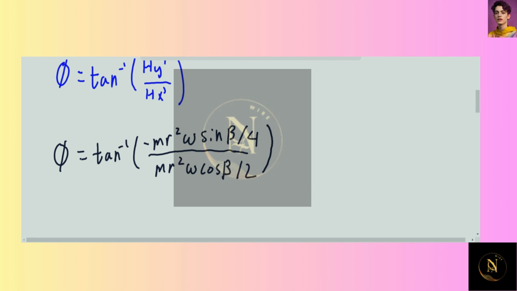And we can rewrite this as the tangent inverse of the tangent of beta divided by 2. Right, since sine over cosine is equal to tangent, and mr squared and omega will cancel each other out.